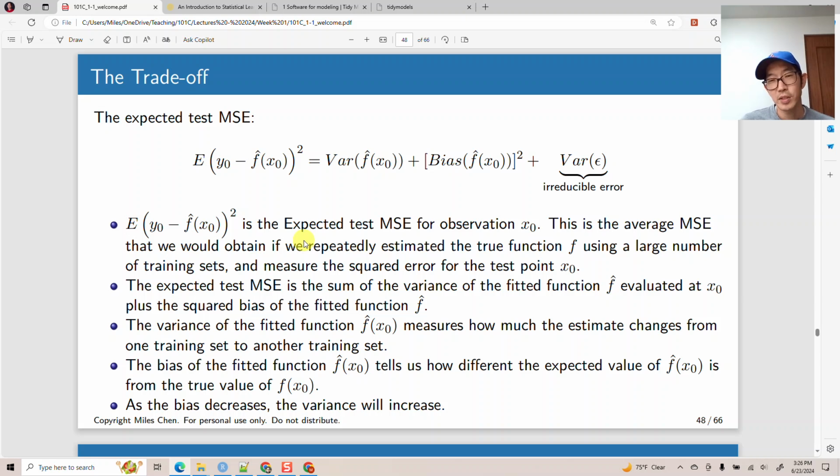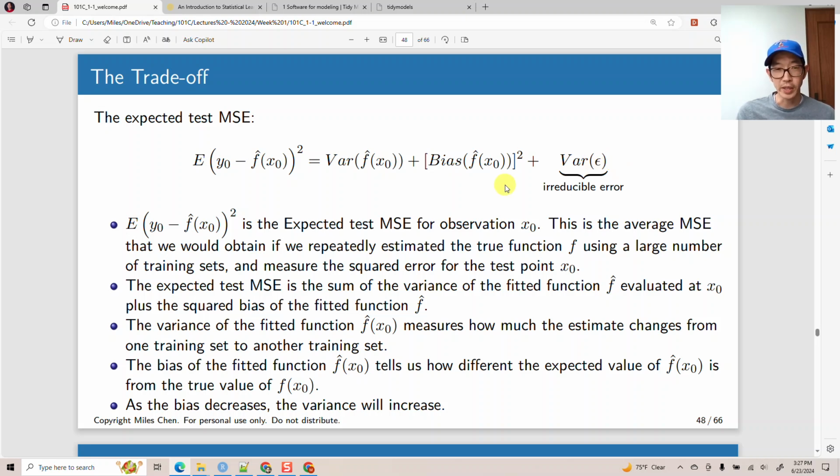Mathematically, we can show that the expected test mean squared error at x0, the difference between the actual value and our predicted f hat of x0, is the combination of the variance and the squared bias plus our irreducible error.